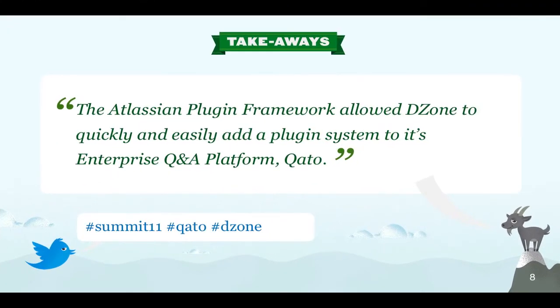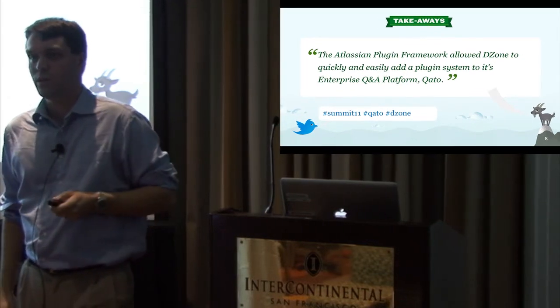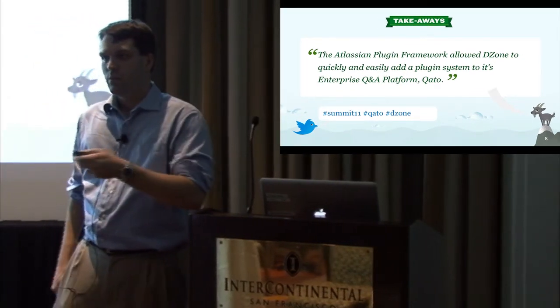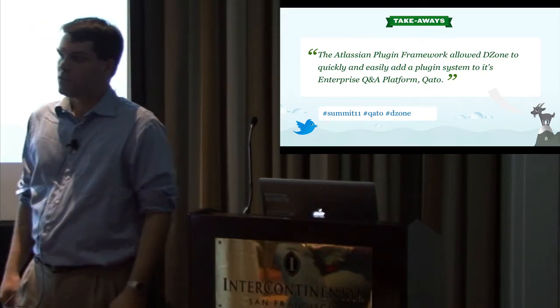So essentially, the Atlassian plugin framework allowed DZone to quickly and easily add a plugin system to our new application, Qato. Without the Atlassian plugin framework, we would have spent months and months and months recreating the wheel. And in the end, it probably wouldn't have been as effective or as proven as what Atlassian has already done.